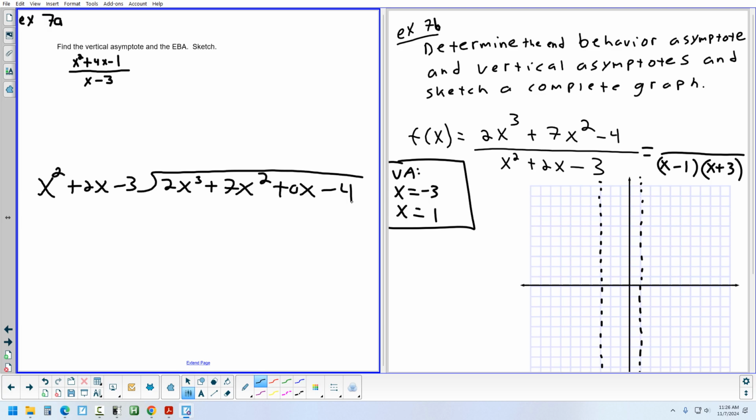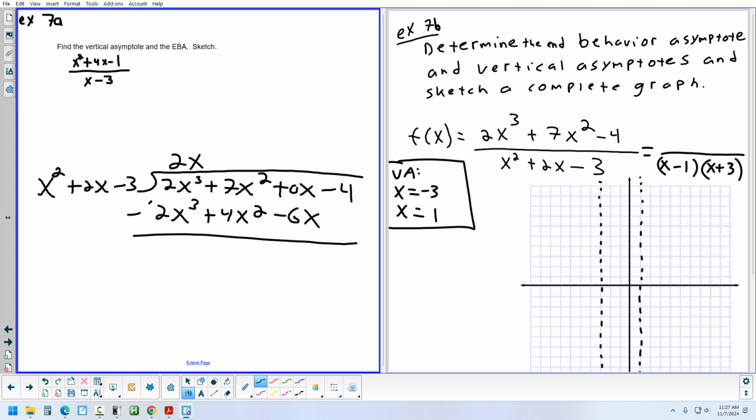Let's make sure we copied everything right. Looks good. All right. What's 2x cubed divided by x squared? 2x. Multiply that back out. It's 2x cubed. What's 2x times 2x? 4x squared. And 2x times negative 3? Negative 6x. And what are we going to do with those columns?